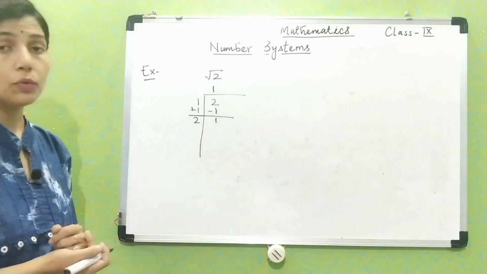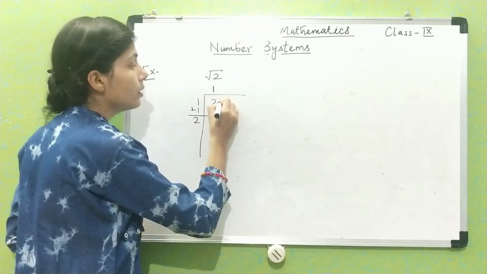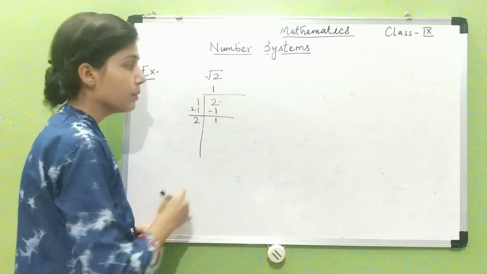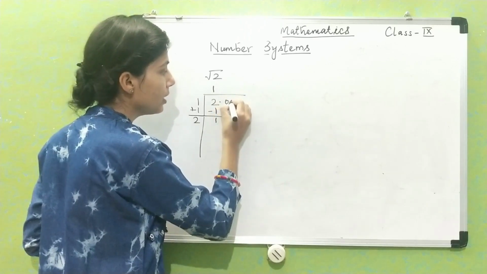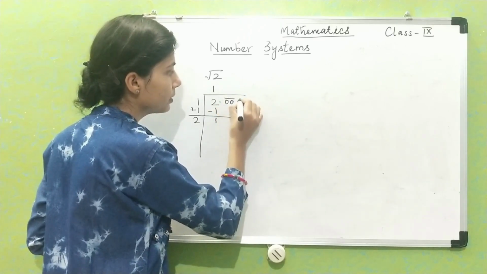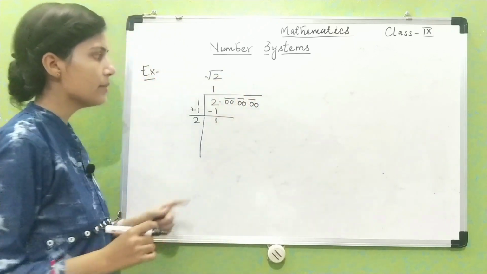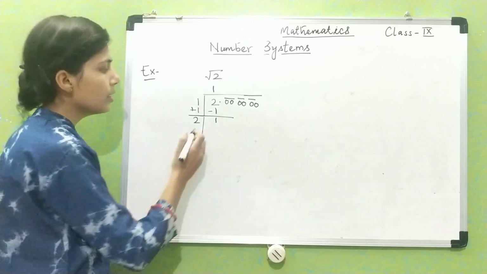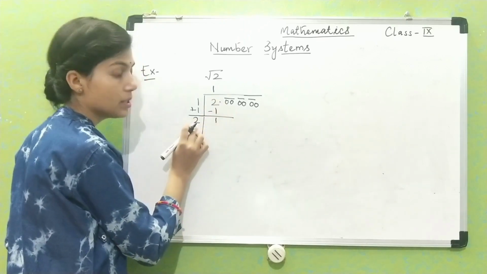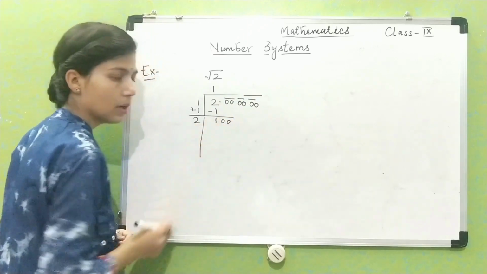So in finding square roots, after the main digit we have to put a decimal. After that we will take zeros in pairs of 2. We can take as many zeros as required. Okay, so here 2 is greater than 1, so we have to put these two 0s down.